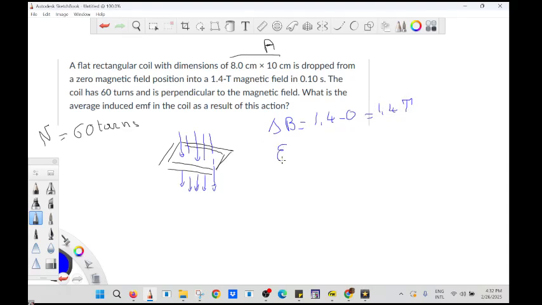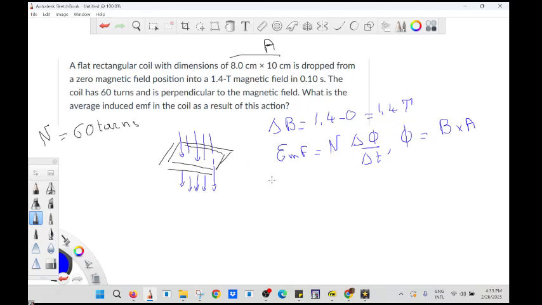So the induced EMF is the number of turns times delta phi over delta t, and the magnetic flux is by definition B times A, because it's perpendicular, so we don't have to worry about the cosine.